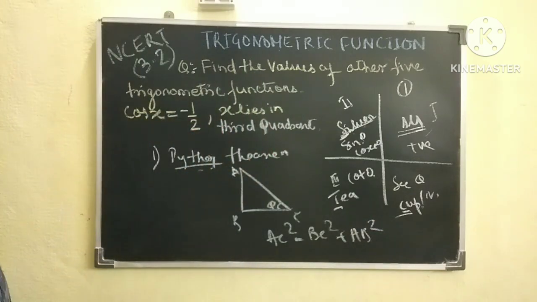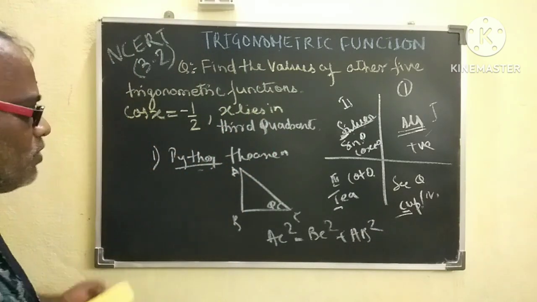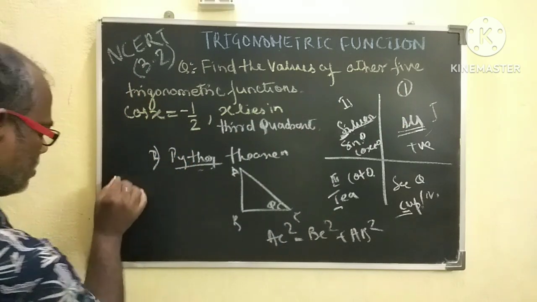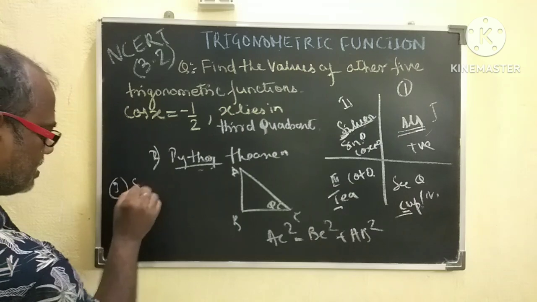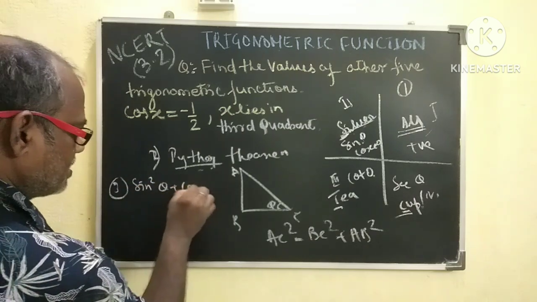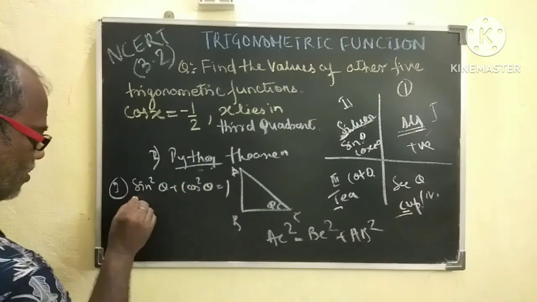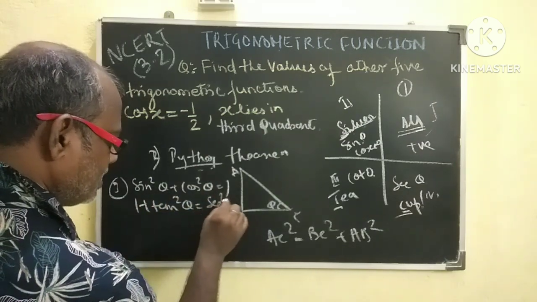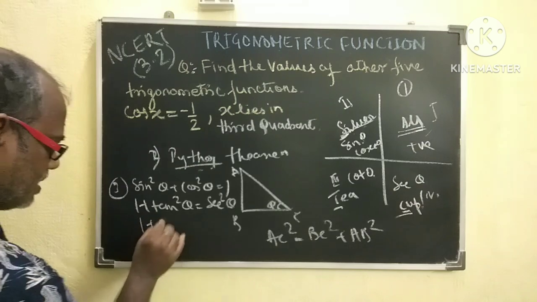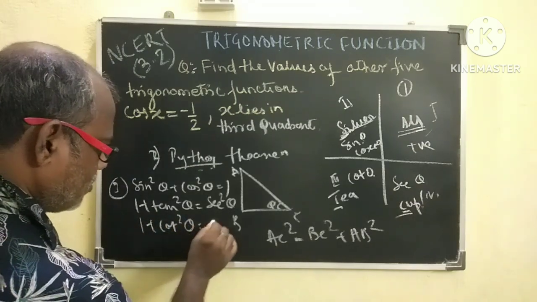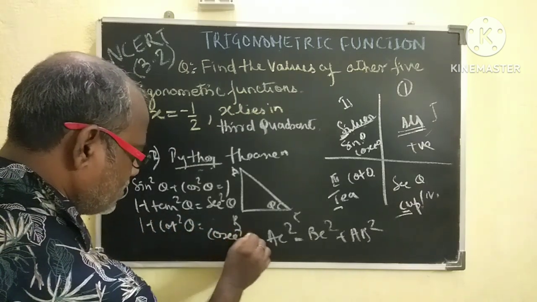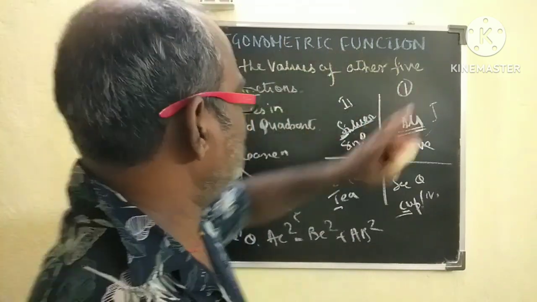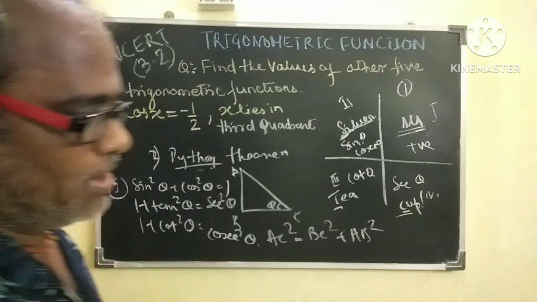And number two, the most important identities: sine square theta plus cos square theta equals 1, 1 plus tan square theta equals secant square theta, and 1 plus cot square theta equals cosecant square theta. These we must know to solve the trigonometric functions of your NCERT 3.2 exercise.